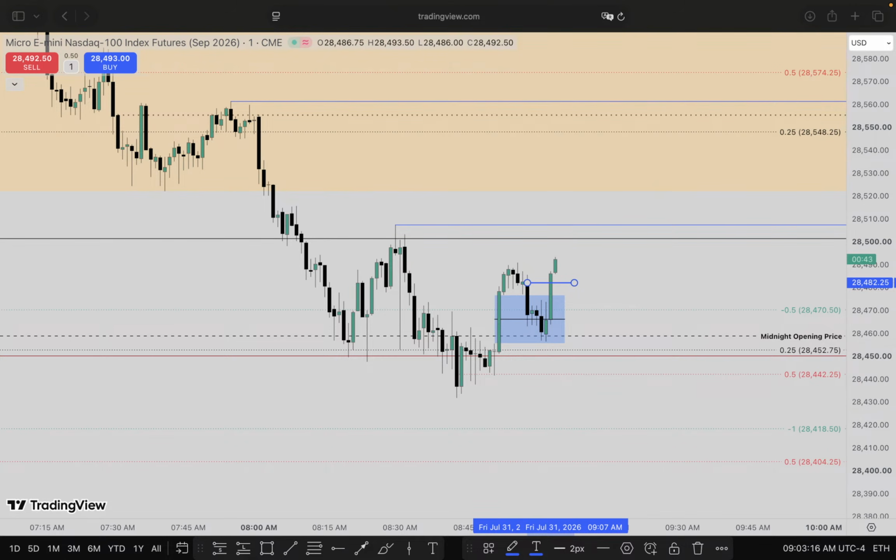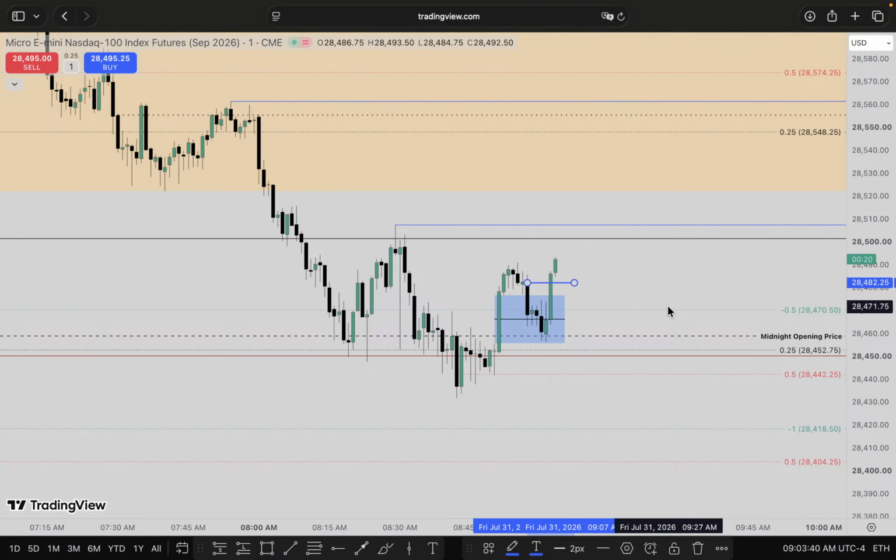Okay, I was hoping we tapped into that order block. Be a little patient here. Hopefully it doesn't take out that high.